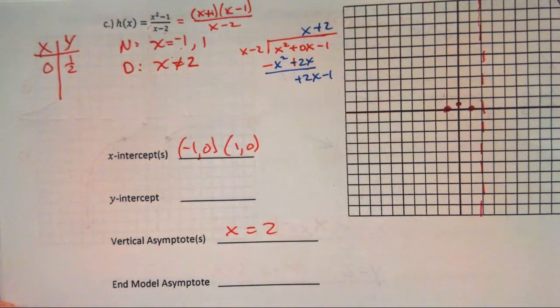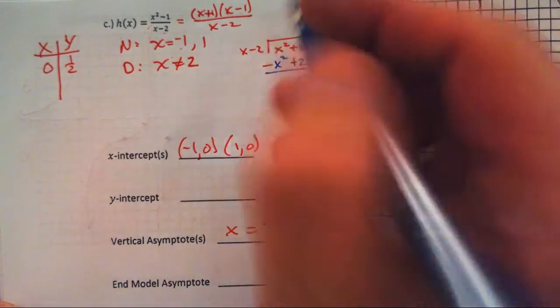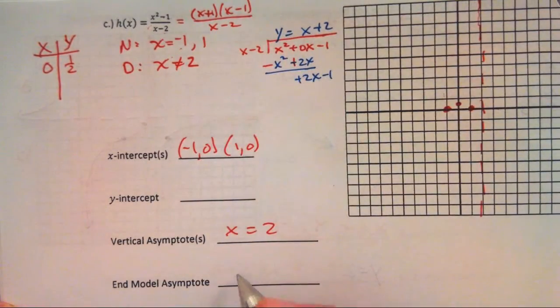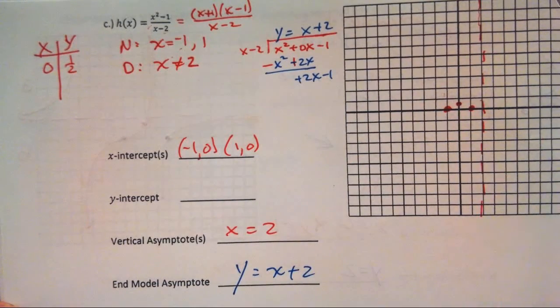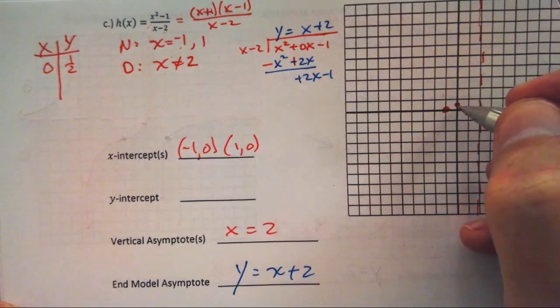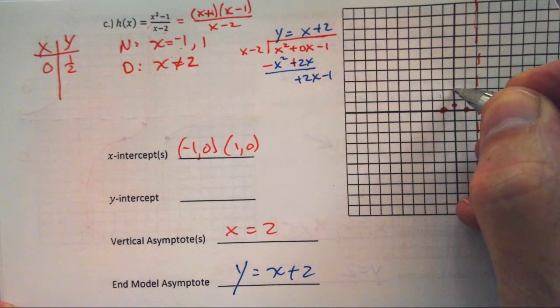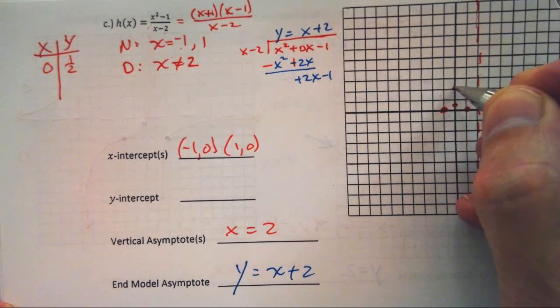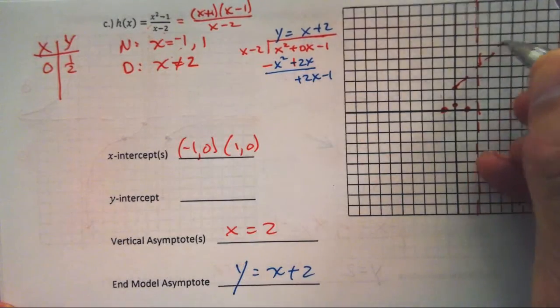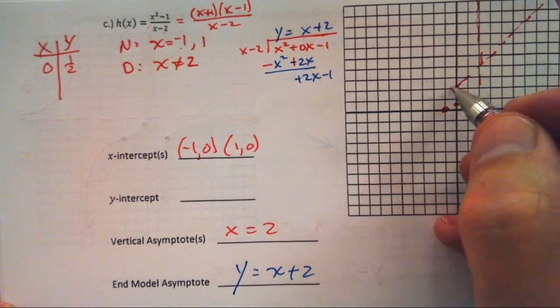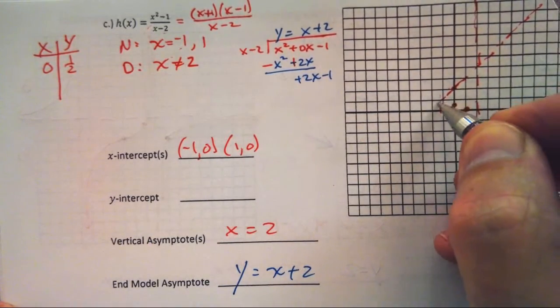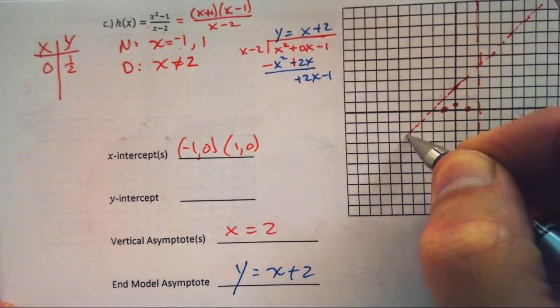And whatever remainder I have doesn't matter as far as my end model behavior. This graph wants to look like y equals x plus 2. Let's see what that does for us. Puts a point, y equals x plus 2 right here with slope 1. We're going right up through here with our slant asymptote. Slope 1, oh look, it was just kind of what we thought it might be.